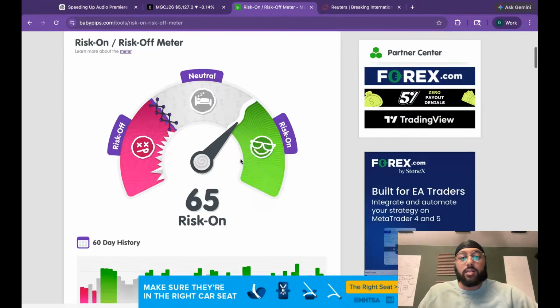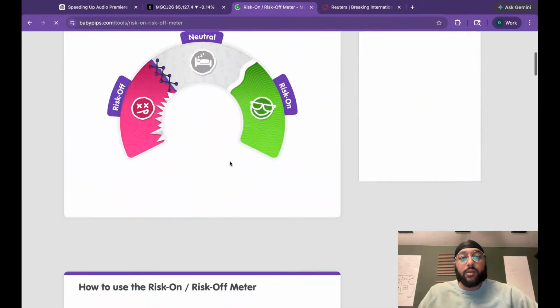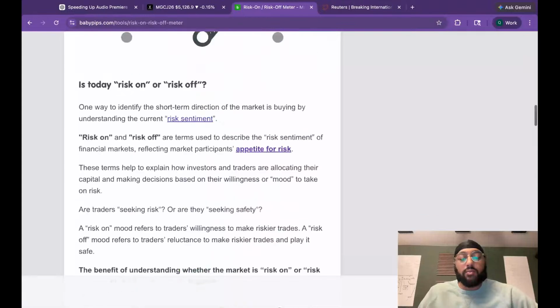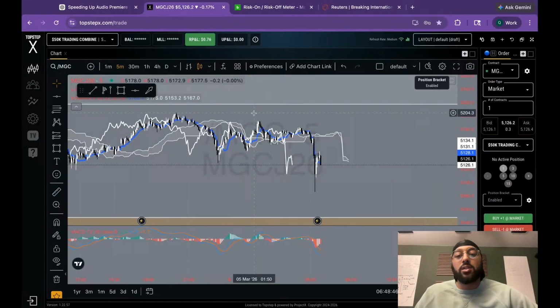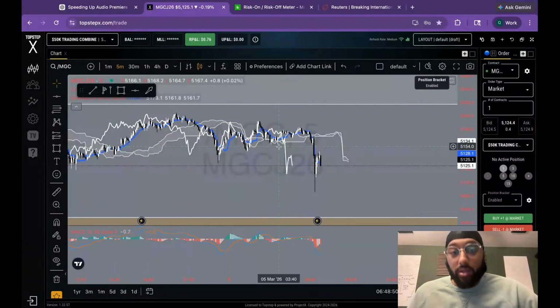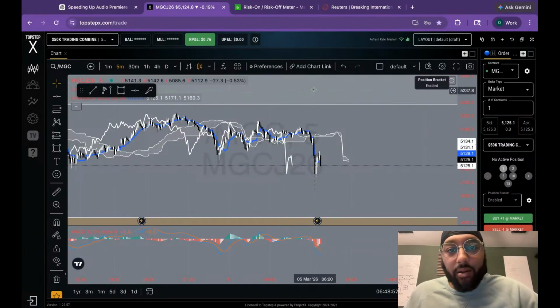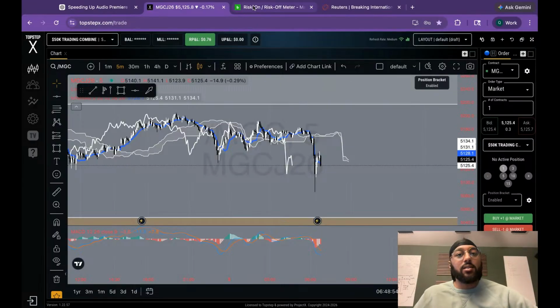All right. Check risk sentiment. Should be reading risk on. Yes, risk on. With respect to risk on, by and large, we'll see gold go down. Money's pouring into risk on assets. Gold is not a risk on asset. Ergo, money is not being poured into gold.